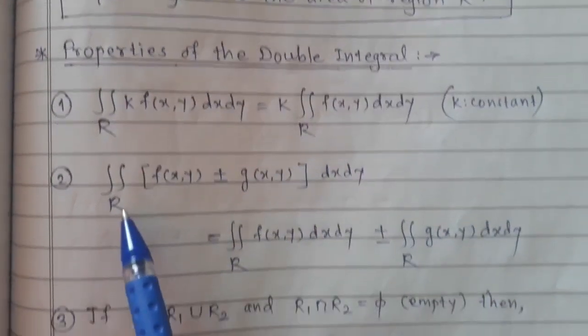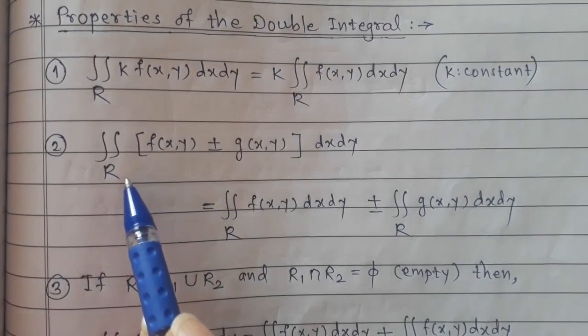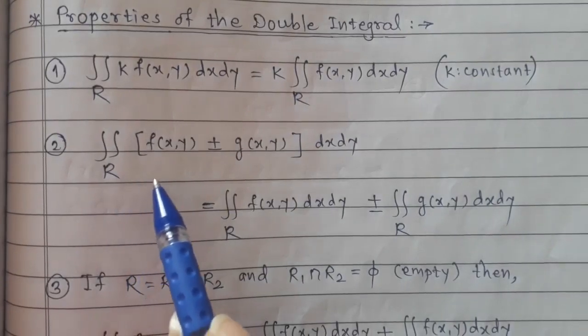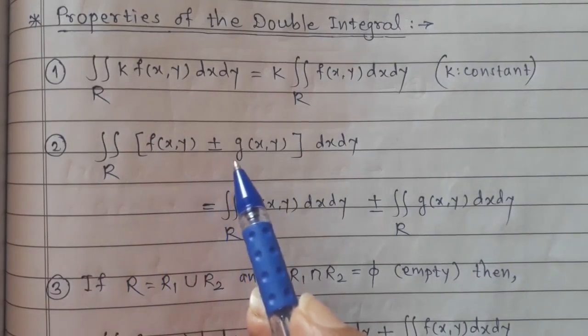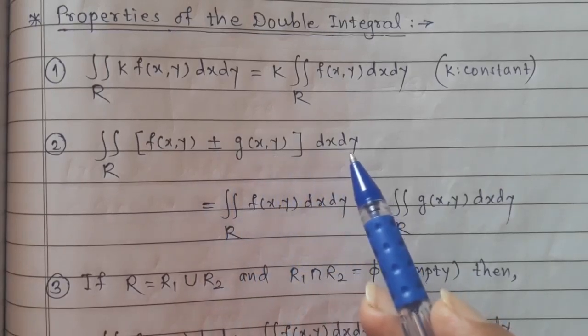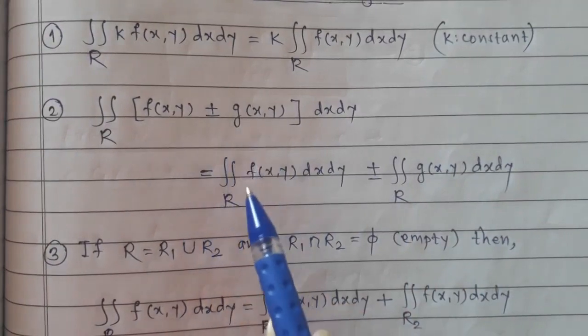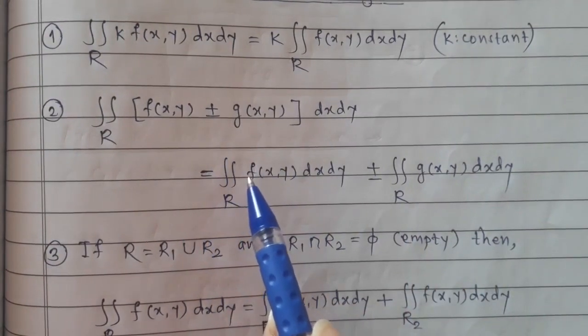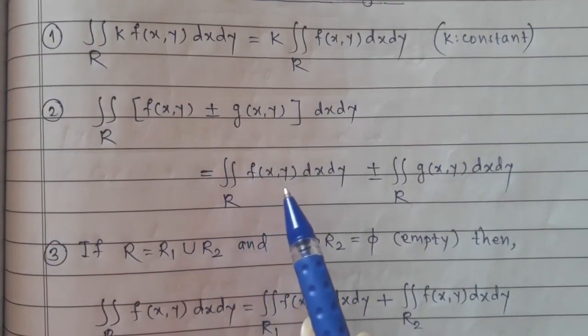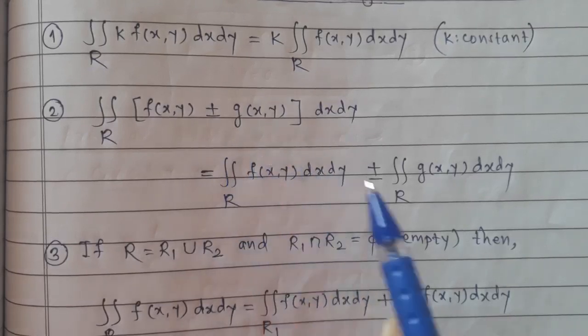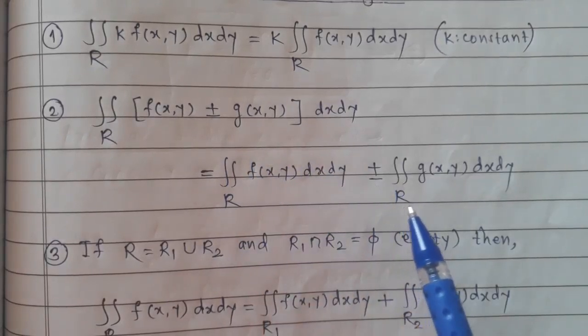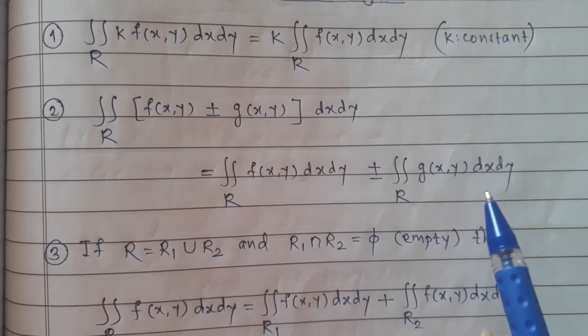Second property, if there is a double integration over some region R of f of xy plus or minus g of xy dx dy, then we can split this function-wise. It equals the double integration over R of f of xy dx dy plus or minus the double integration over R of g of xy dx dy.